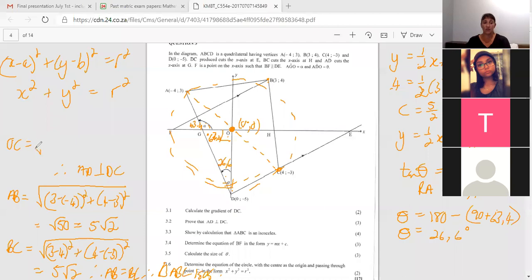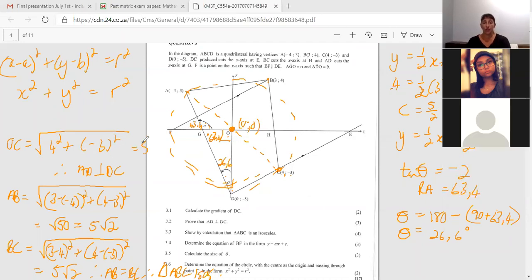OC equals the square root of (4 minus 0) squared plus (minus 3 minus 0) squared. And if you work that out, you should get 5. Okay, so the radius is 5, and 5 squared is 25. So the equation of that circle is x squared plus y squared equals 25.